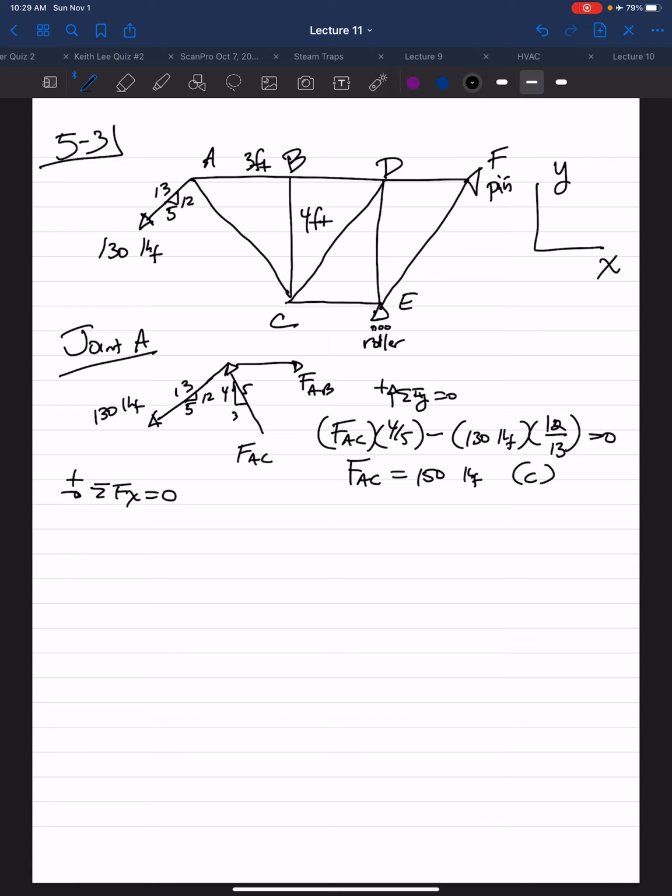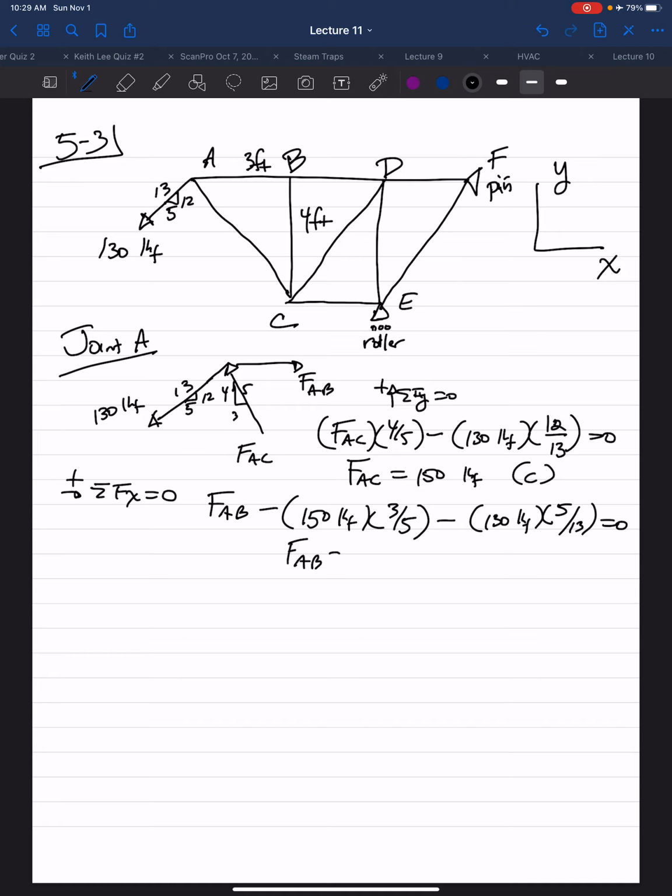Taking some of the forces in the X direction, we have FAB minus FAC, which we now know, so let's put that there, which is 150 pound force, times the 3 over 5 minus the 130 pound force times 5/13.